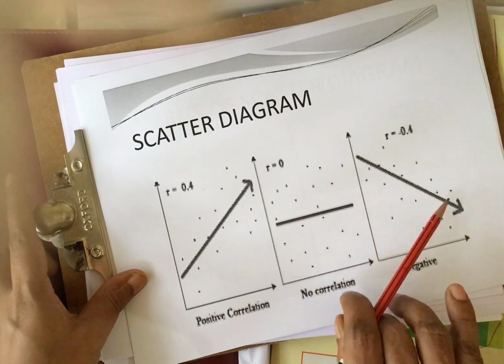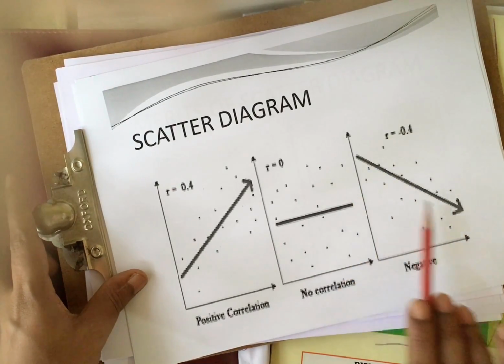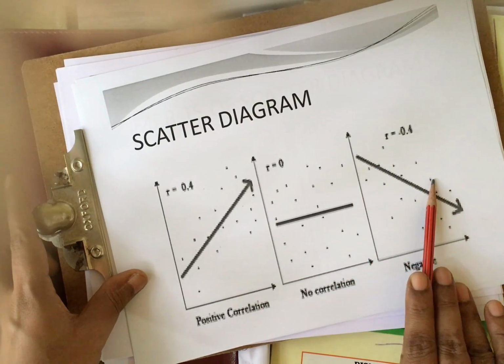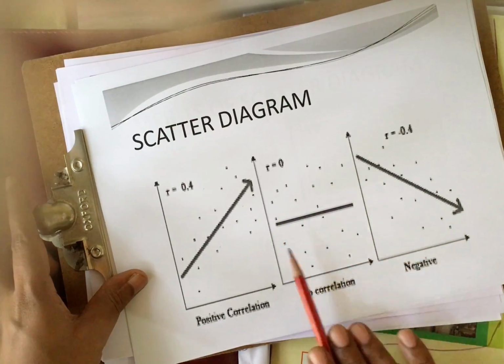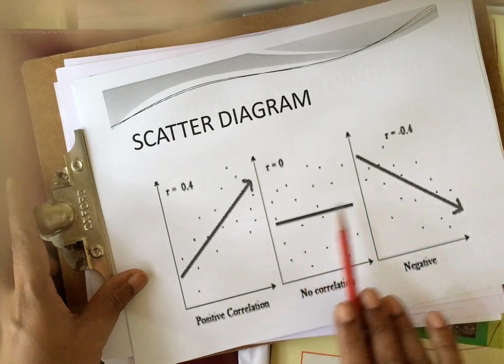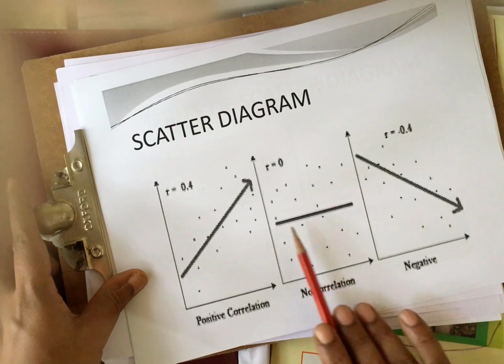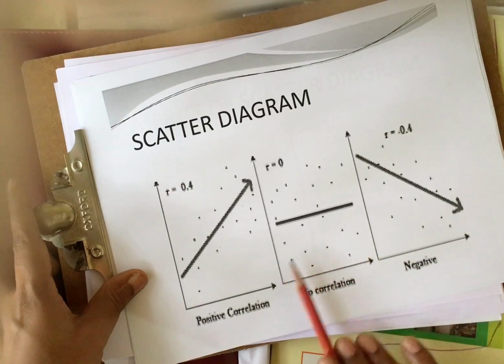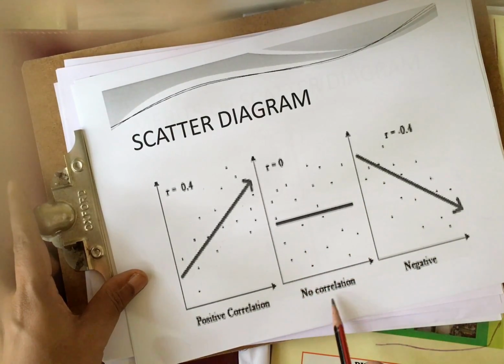Here there is negative correlation, because the line is falling from left to right. This is also moderate correlation. Whereas here the points are scattered over the entire area, so you cannot draw a line; a line drawn up or down anywhere does not fit, so we can say there is no correlation.